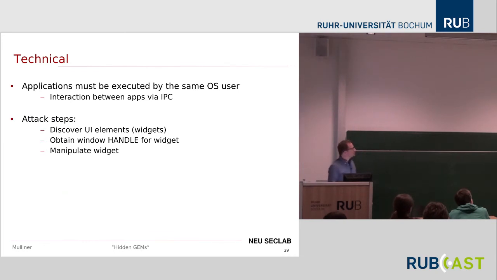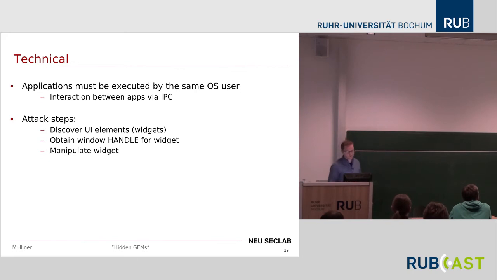If we now look a little bit at the technical side, all the applications have to be executed as the same OS user as, for example, our attack tools, because you basically send IPC messages to those applications, and we need to be able to do three steps.